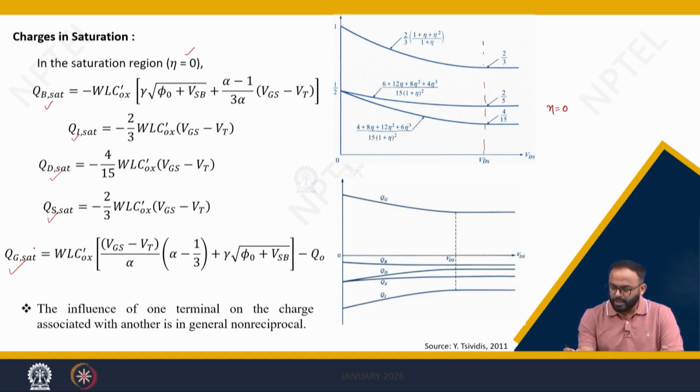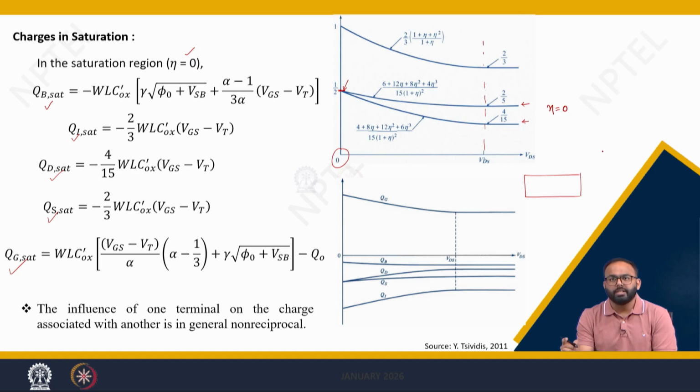By doing so, you can simply relate how much difference there is between the source charge and drain charge. Why? Because when you are going towards saturation, the charge near the drain will be reduced. There will be exactly the same charge near the drain when VDS equals 0, right, because you have a uniform channel if VDS is 0.